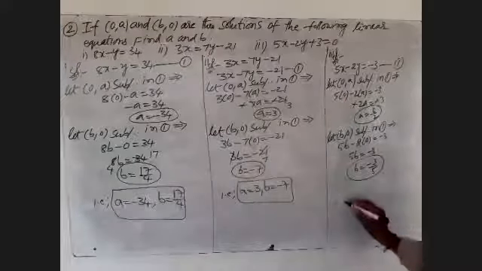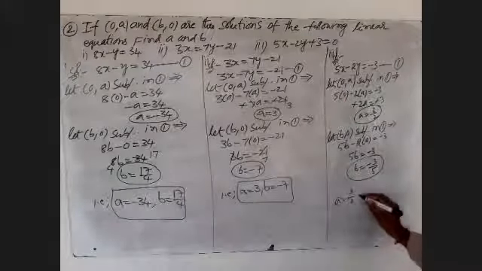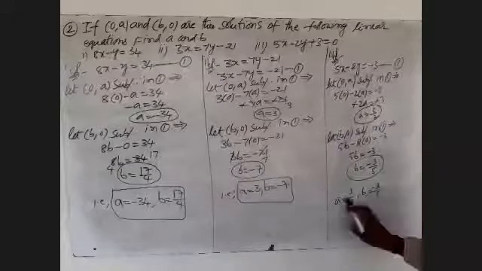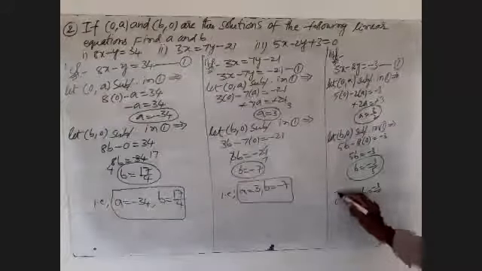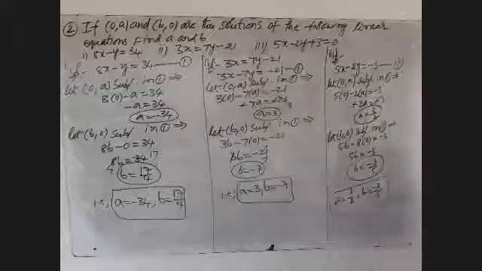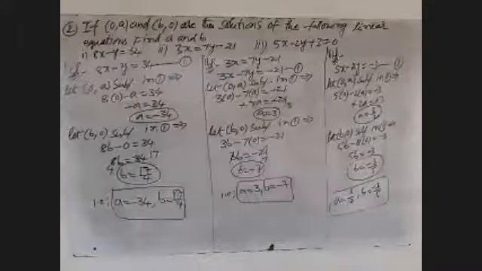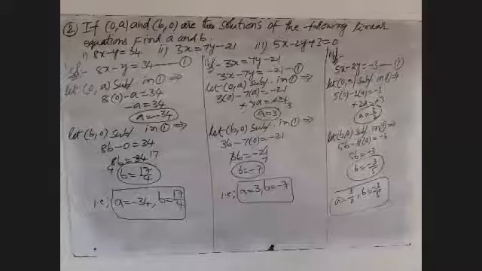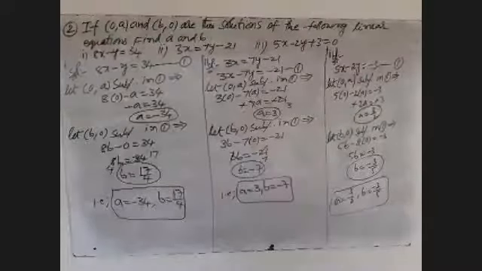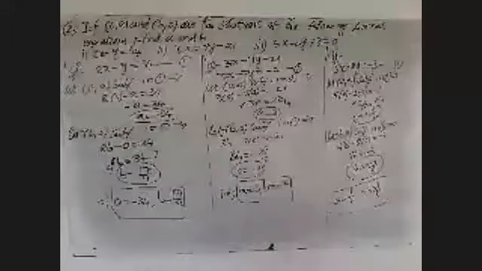Finally, we write the point a is equal to 3 by 2, b is equal to minus 3 by 5. These are the 2 points. That is how to write these 2 problems.